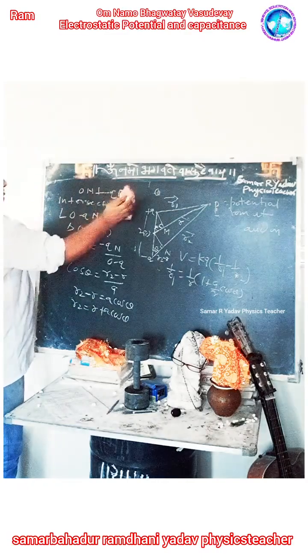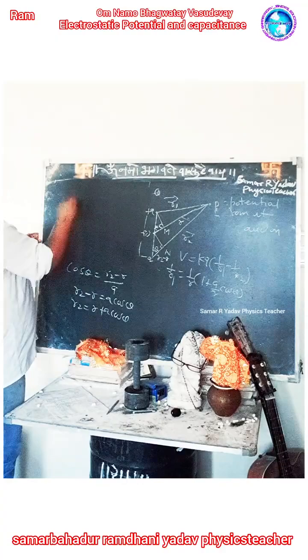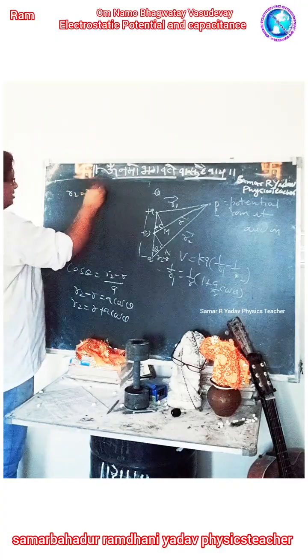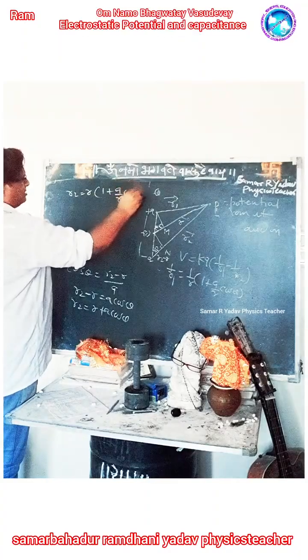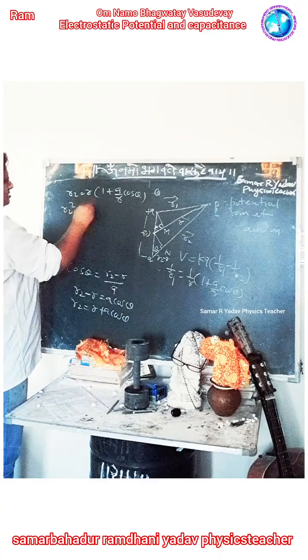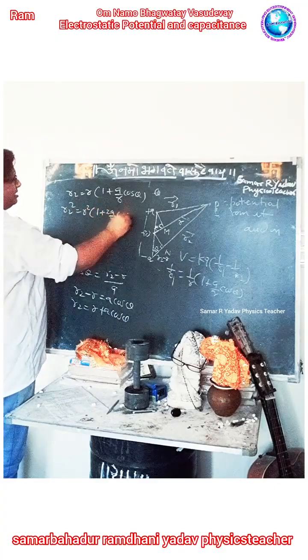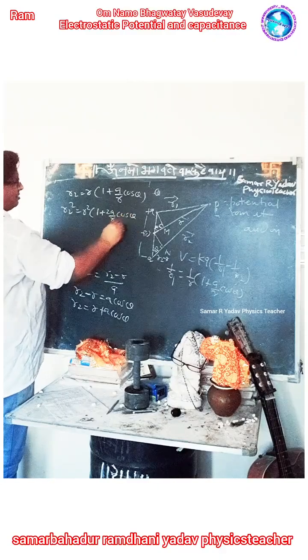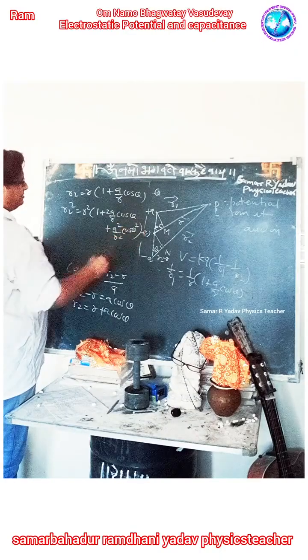Now again simplifying, r2 is equal to r times 1 plus a upon r cos theta. Squaring both sides, r2 square is equal to r square times 1 plus 2a upon r cos theta plus a square upon r square cos square theta.